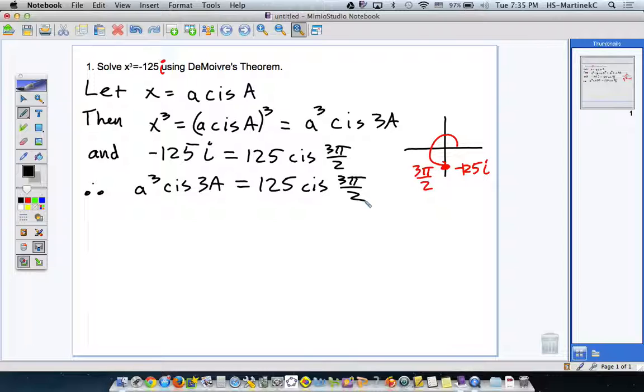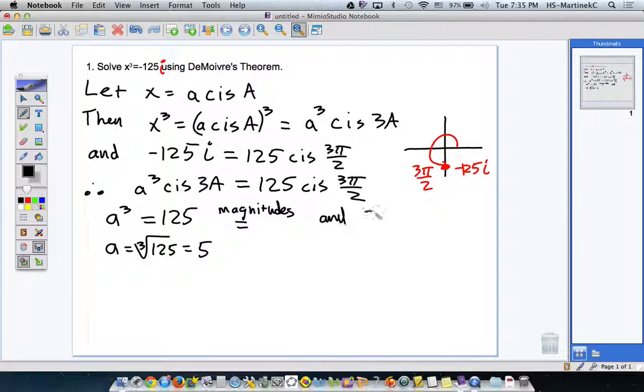So a cubed has to equal 125, because the magnitudes are equal. If we cube root both sides, we get a is the cube root of 125, or just 5. So the magnitude of our solutions is 5.